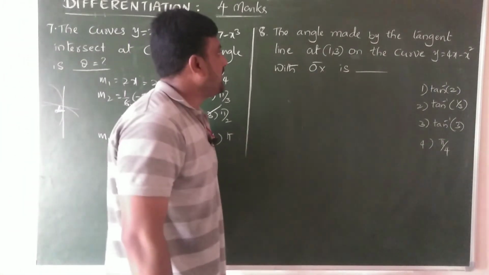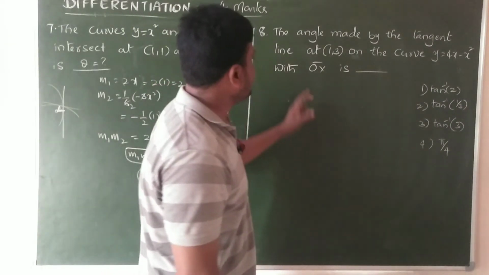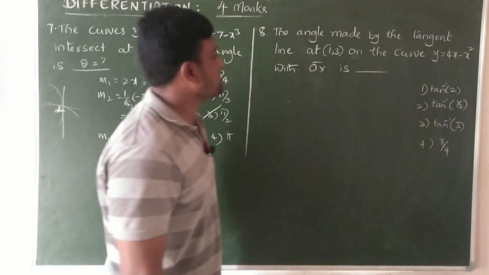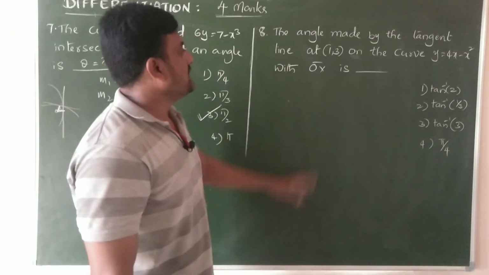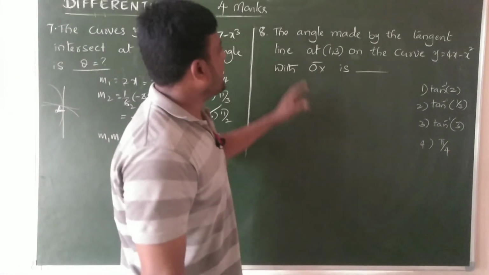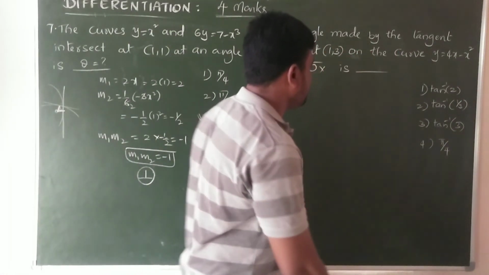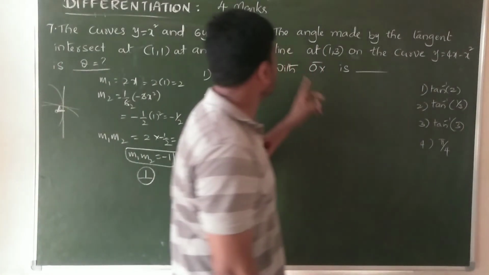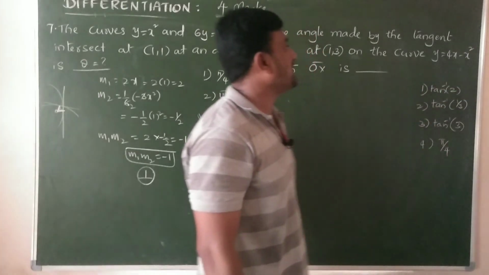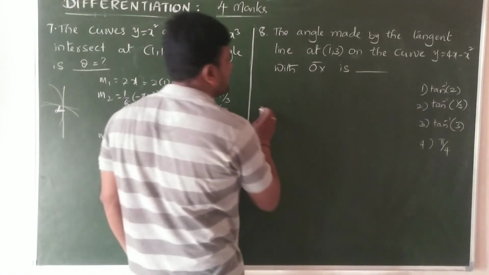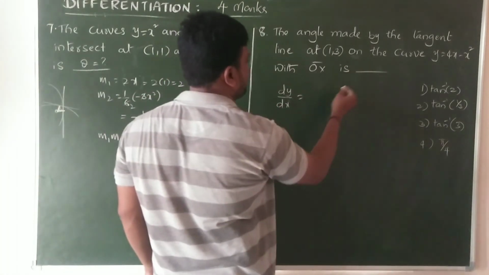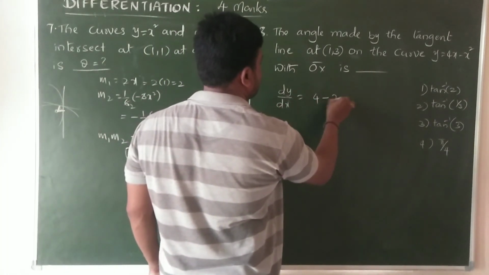Now the angle made by the tangent line at (1, 3) on the curve y equals 4x minus x square with the x-axis is. Simply, the angle made by the tangent at (1, 3) on the curve y equals 4x minus x square, we can apply the tangent formula. dy by dx equals 4 minus 2x.